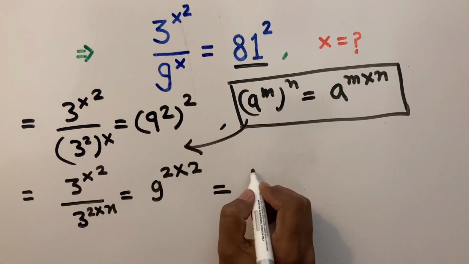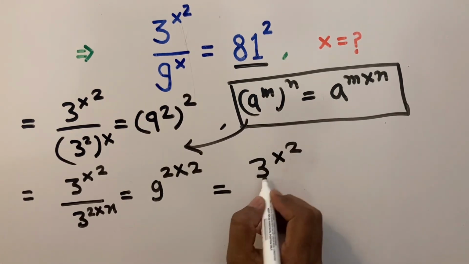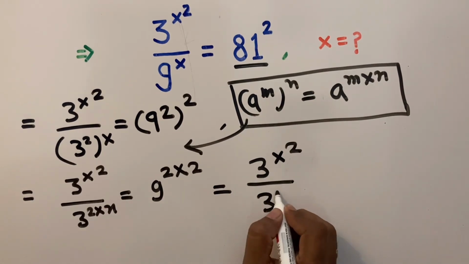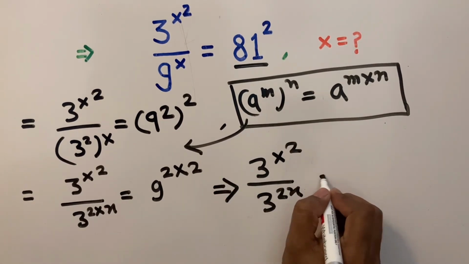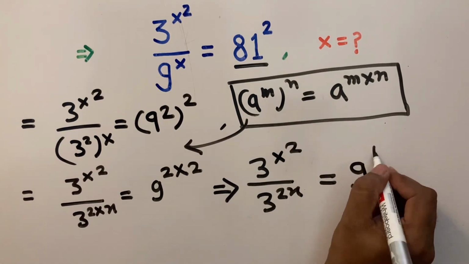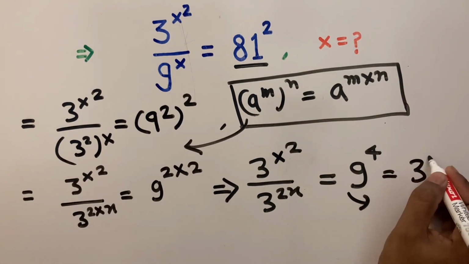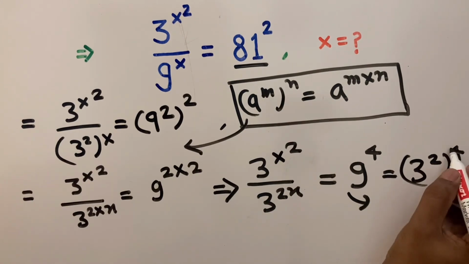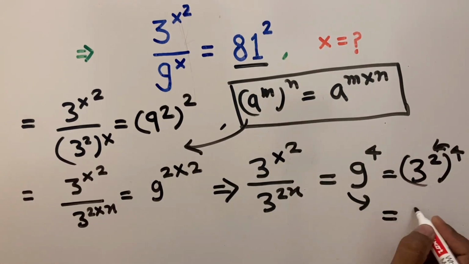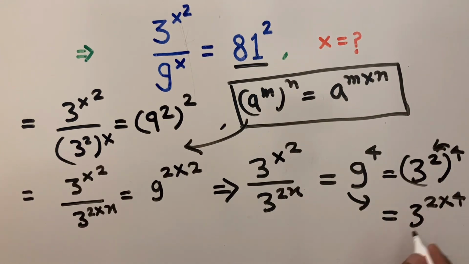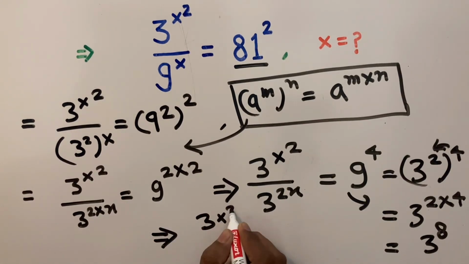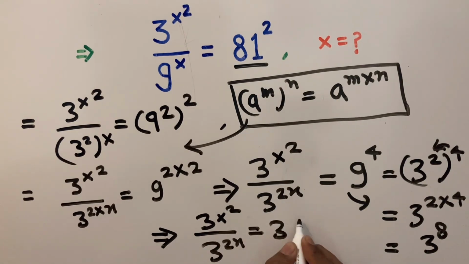This is 3 to the power x² divided by 3 to the power 2x equals 9 to the power 4. 9 is also equal to 3 to the power 2, so (3 to the power 2) to the power 4 becomes 3 to the power 2 times 4, which equals 3 to the power 8. This equation becomes 3 to the power x² divided by 3 to the power 2x equals 3 to the power 8.